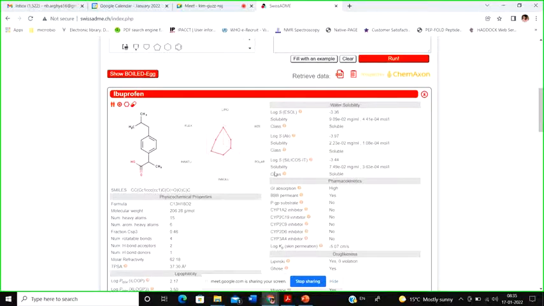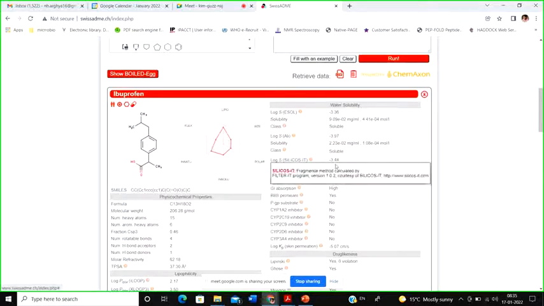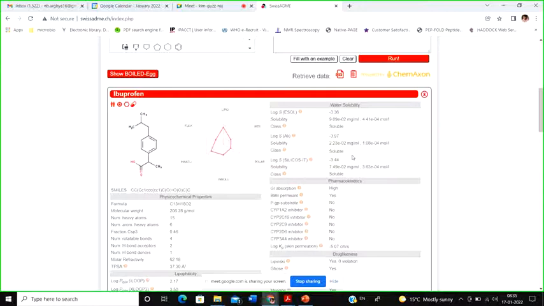Now the three programs calculate and say that it is soluble, that means we can say that yes, this molecule is water soluble. Obviously if it is highly soluble, very soluble, that is much better, but being soluble is itself enough to be considered a good molecule. अभी तीनों मॉडल जब बोल रहा है कि it is soluble, then I can pretty sure assure that yes it's a solubilized molecule. Clear?